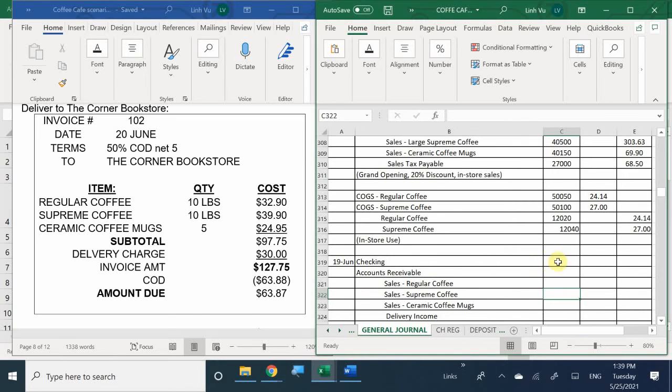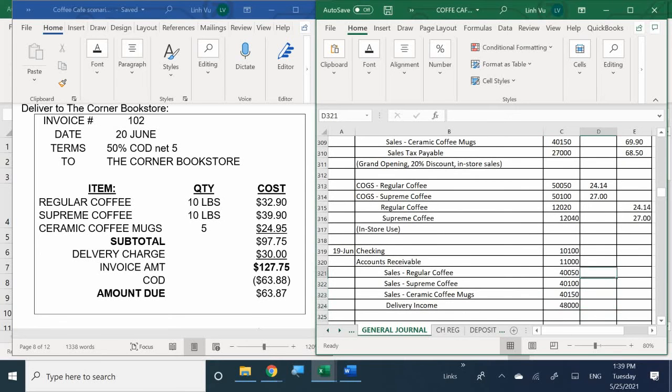The account numbers are for checking 10-100, 11-450, then 40-100, 40-150, and 48-000. All right, so let's go ahead and enter in our numbers.